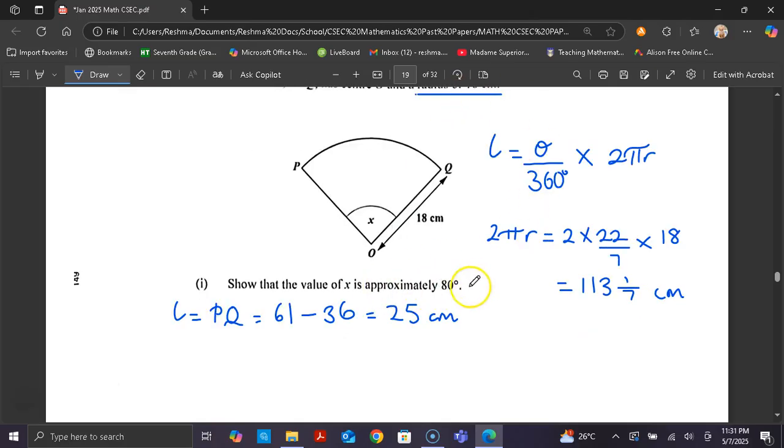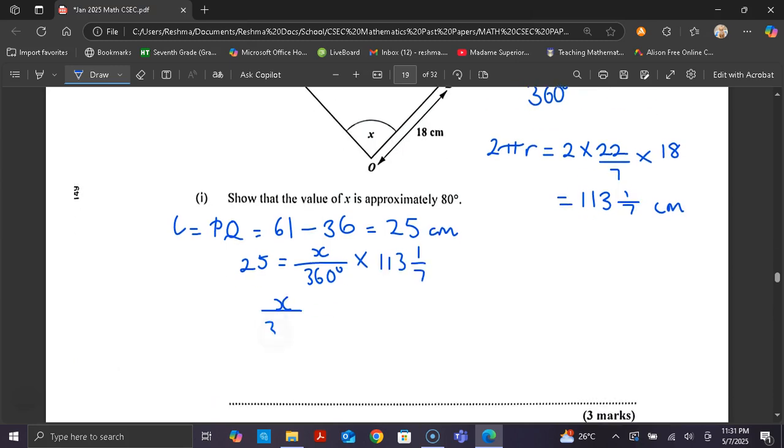Okay, so let's substitute: L is 25 and the circumference is 113 1/7, and let's calculate the missing angle. So 25 would be equal to x over 360 multiplied by 113 1/7.